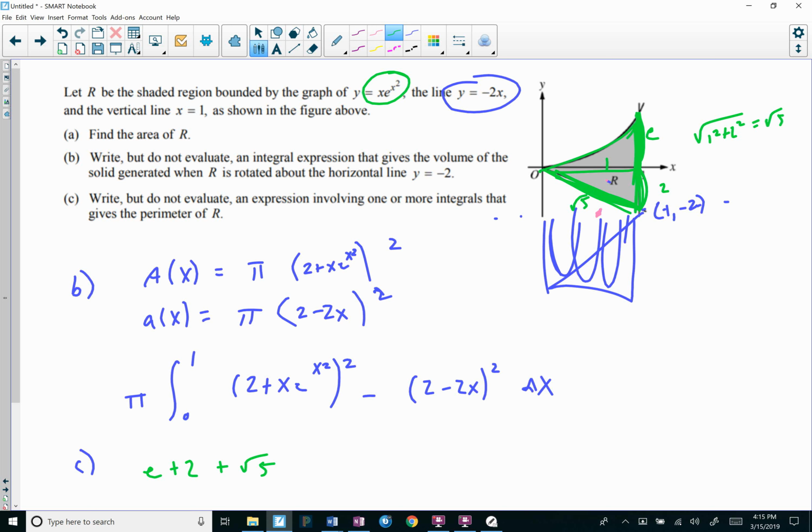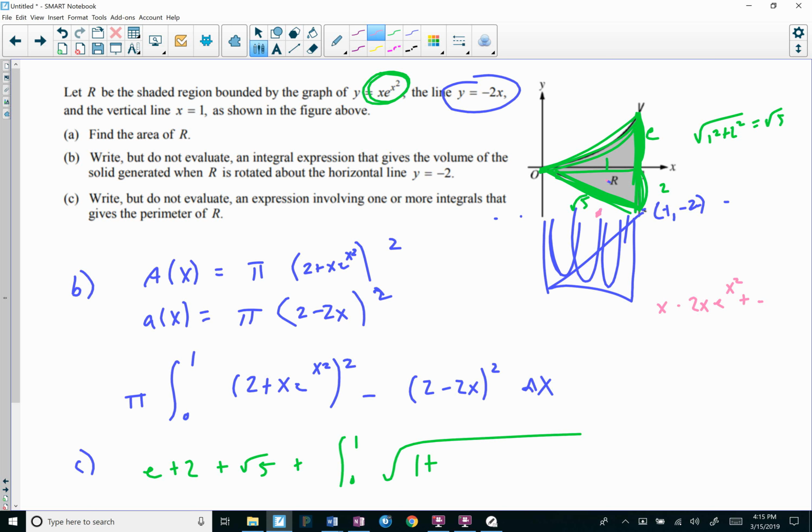Okay, so I've got my other linear piece. Now I need that curve. Well, that's just arc length. Now you need to remember the definition of arc length. We're going from 0 to 1. Square root of 1 plus the derivative squared. So I need the derivative of that function because that's the curve I'm talking about. So when I do the derivative, product rule: first, derivative of the second, little chain rule there.